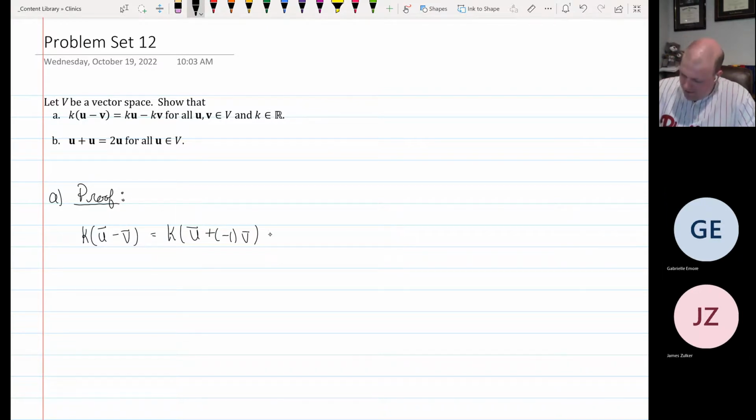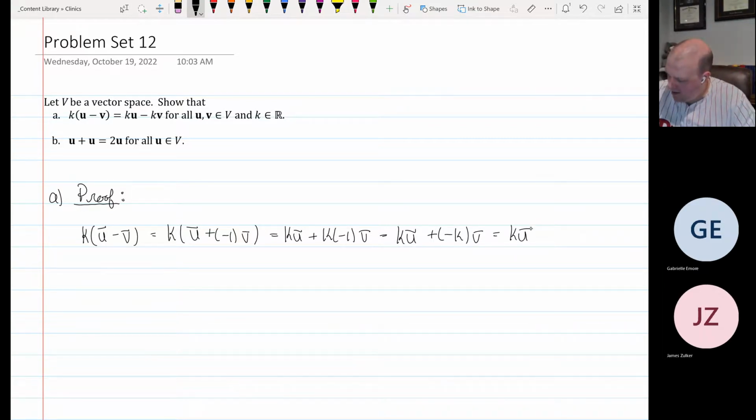Because it's a vector space, we can distribute across addition. So we get K times U plus K times negative 1 times V. Again, because it's a vector space, we can combine the constants. And then by definition, that is KU minus KV, right?